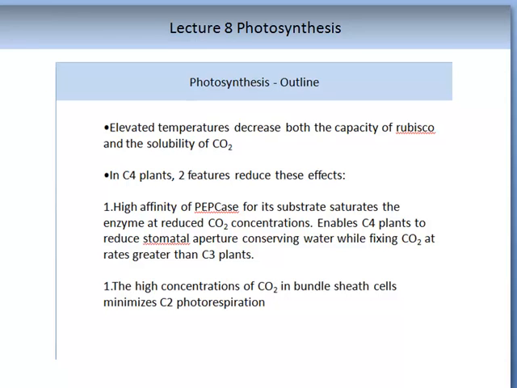This enables the C4 plants to reduce the stomatal aperture, conserving water, while still being able to fix CO2 at rates that are far greater than C3 plants in these situations. The higher concentrations of carbon dioxide in the bundle sheath cells minimize photorespiration.